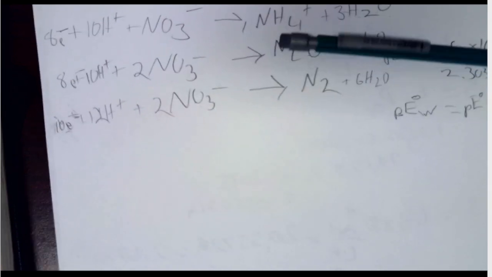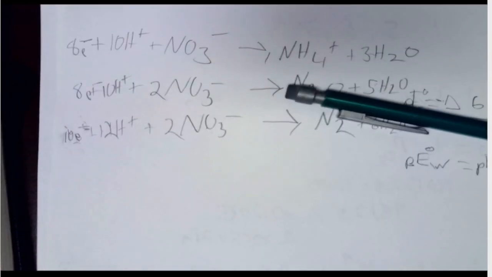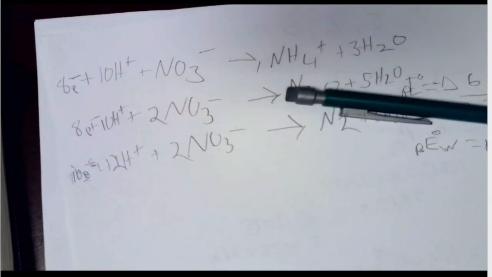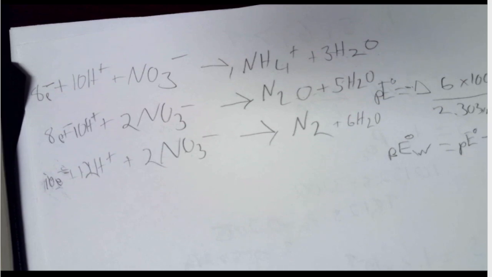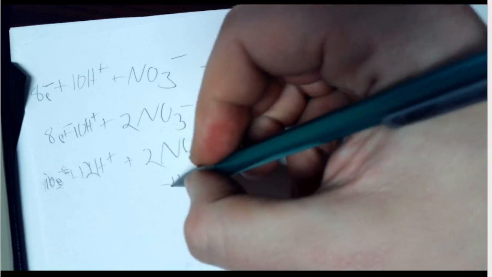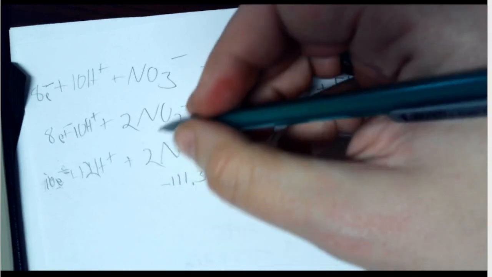You can find these online, but it's a matter of finding a reliable table that has all your values. So NO3 minus has a Gibbs of negative 111.3.